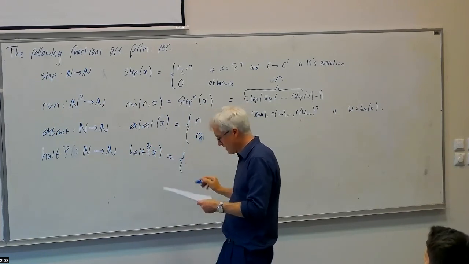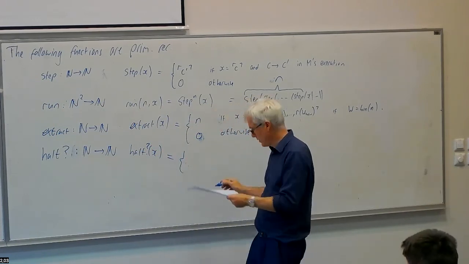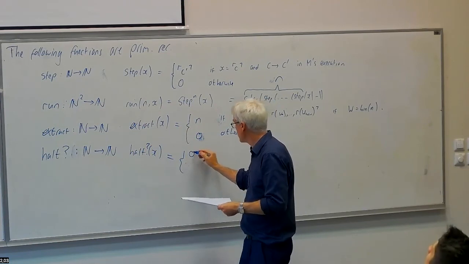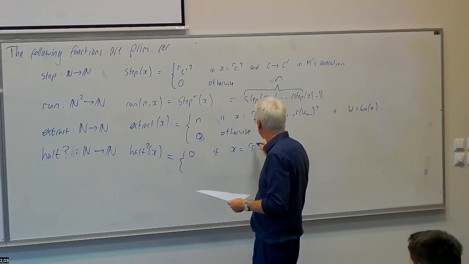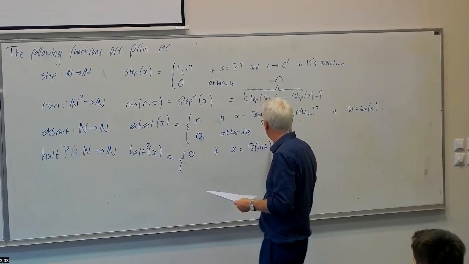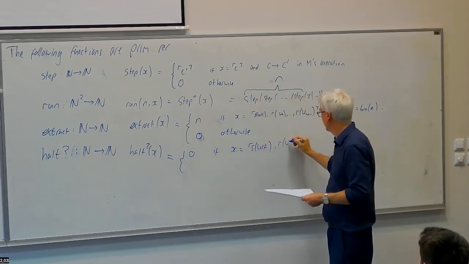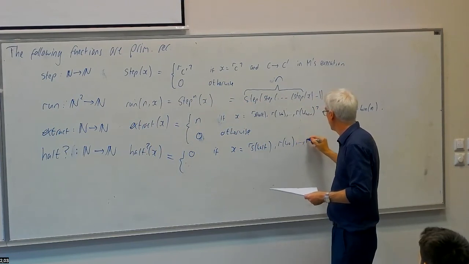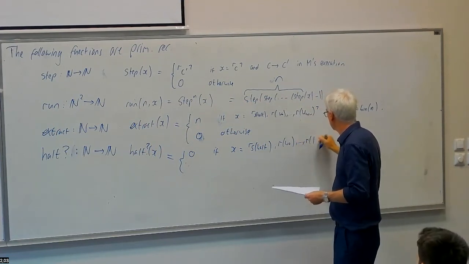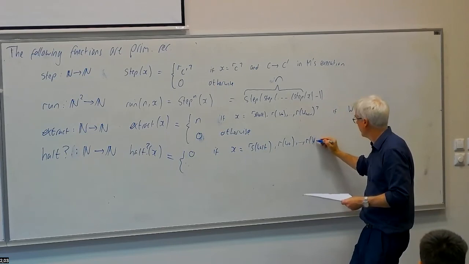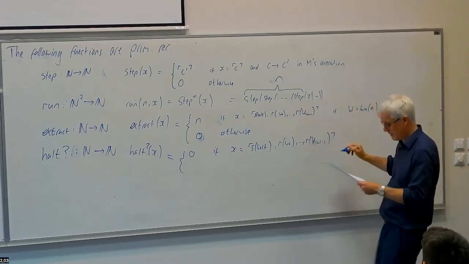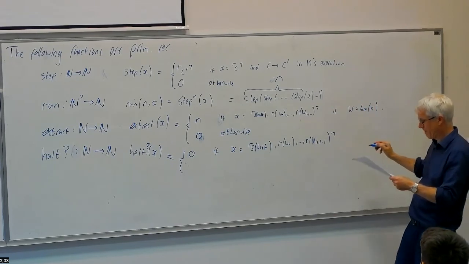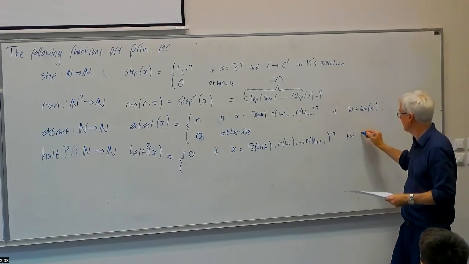So we're actually going to use 0 as the truth value and 1 as the false value. So this is 0 if x equals s halt. It's again the encoding of a halt state, a legitimate halt state, so the word length, the index w, length of w minus 1, the sum w.